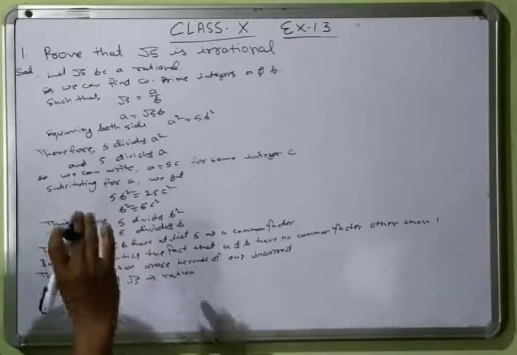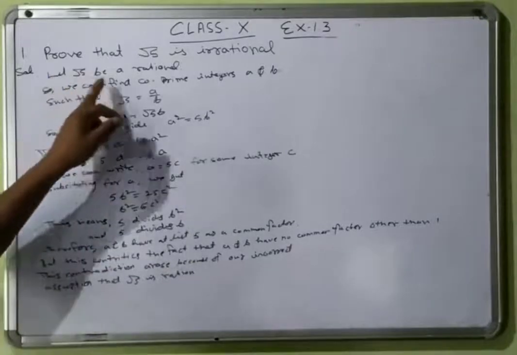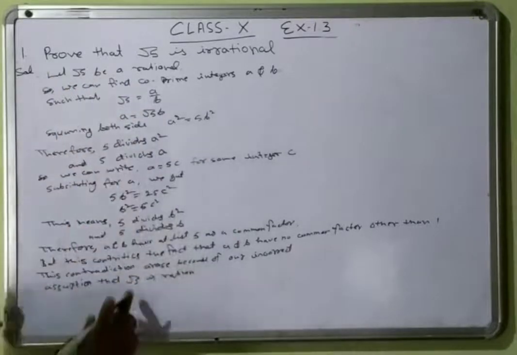It means we have supposed wrong that root 5 is rational.